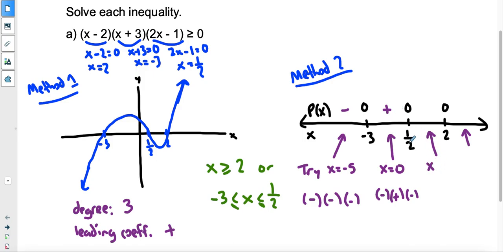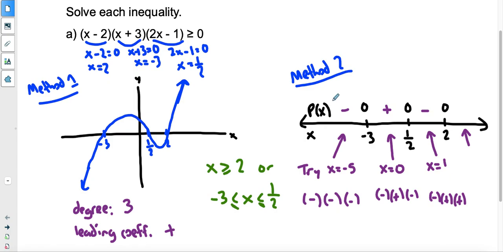And I can keep going. I can plug in a value between 1/2 and 2. I'm going to go over this quickly. Same thing, right? I just need to identify, if I plug in x is equal to 1, what's going to happen to my factors? Are they going to be positive or negative? And then, okay, I can see I have a negative times a positive times a negative, which is a negative.